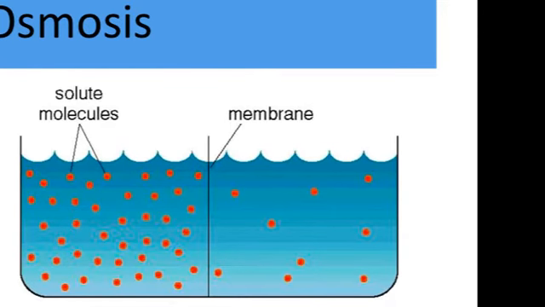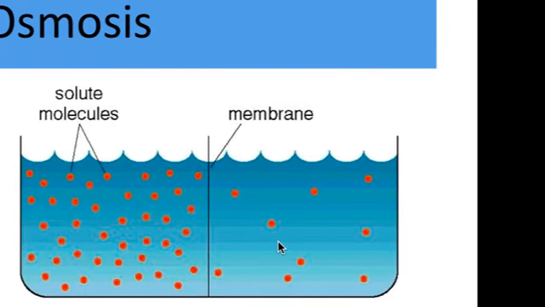So if we look at these, I'm going to be looking more at the background. If we look at the side where there's not as many solutes, there's a lot of space for the water molecules to be. If you look at the side where there is lots of solutes, there's not a lot of space for a lot of water. So in that case, we would call this solution a high concentration of solutes, low concentration of water.